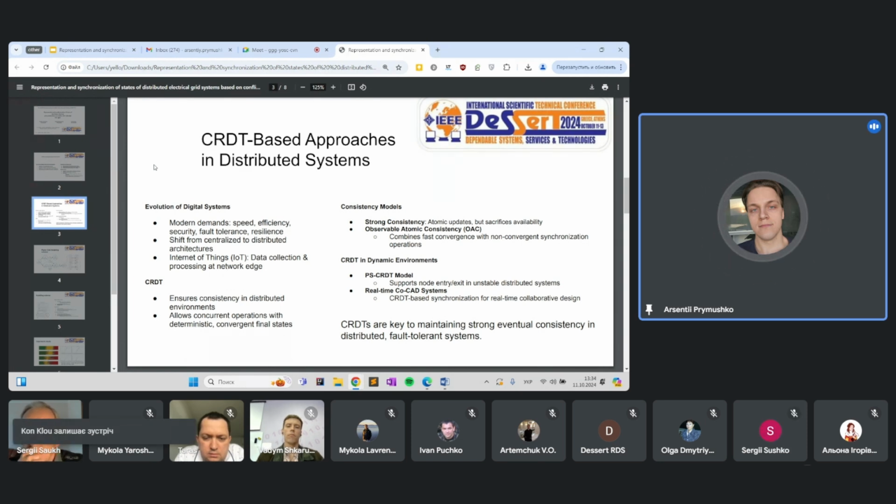So we have two types of consistencies. And in this current research, we rely on eventual consistency, because the actual model of the CRDT, which ensures consistency in distributed environments and allows concurrent operations with deterministic convergent final states by its nature, allows us to operate within the eventual consistency paradigm.